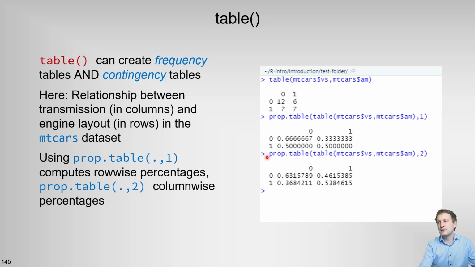It depends whether you want to know the proportion of manual shifters for a V-shaped engine layout, or the proportion of V-shaped layout for manual transmissions. That determines which way around you want to compute those percentages. Again, that's done with prop.table.